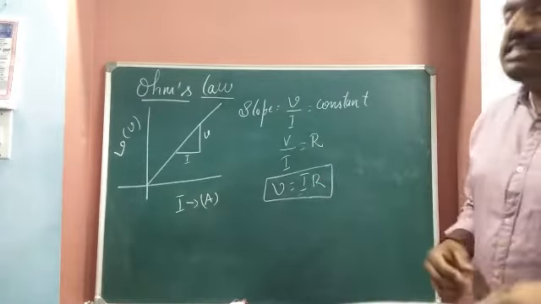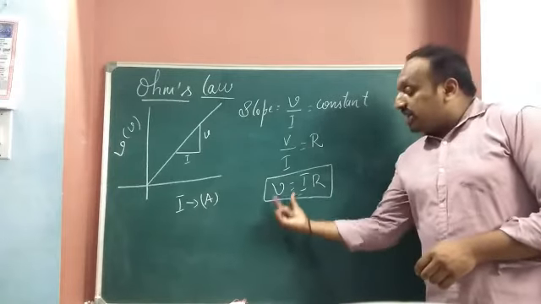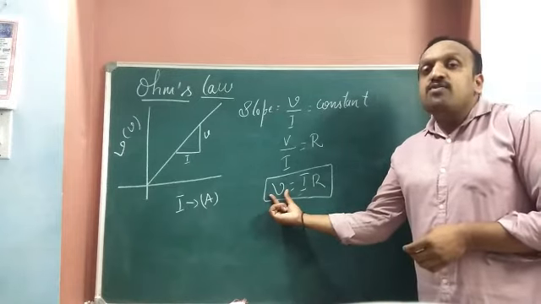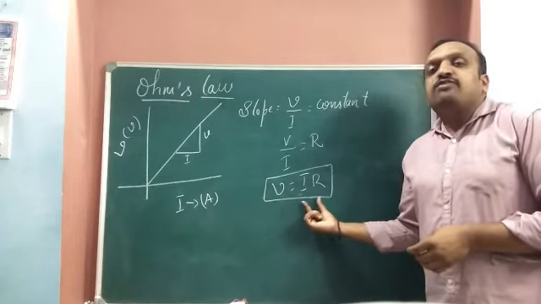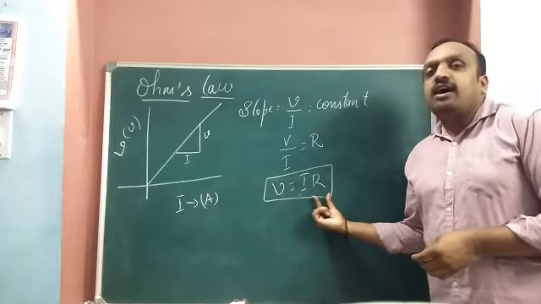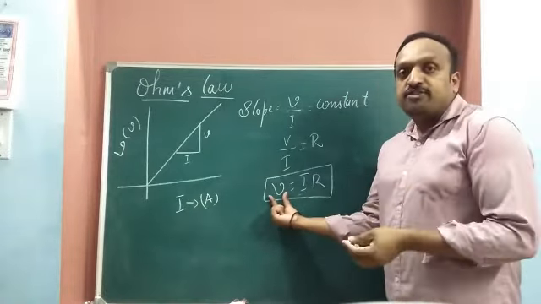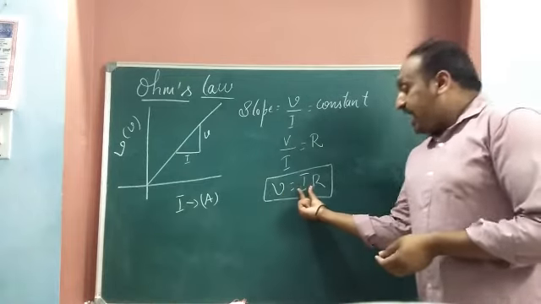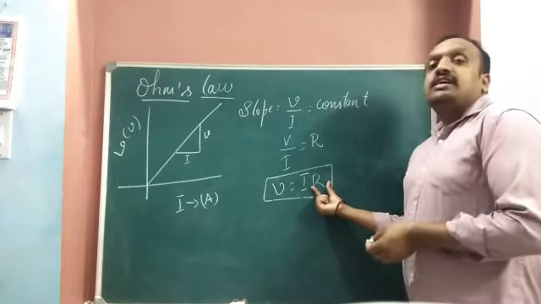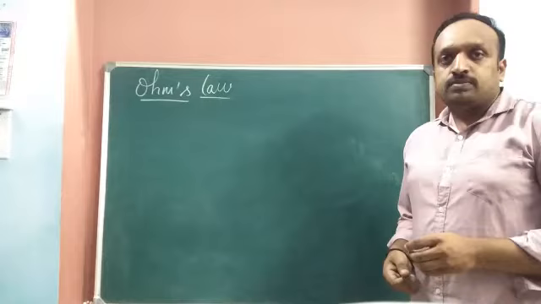Ohm's law states that at a constant temperature, the potential difference across the ends of the resistor will be equal to the current flowing in the circuit. V is equal to IR, where V is the potential difference, SI unit is volts, I is the current, SI unit is ampere, and R is the resistance, and the SI unit of resistance is ohm.